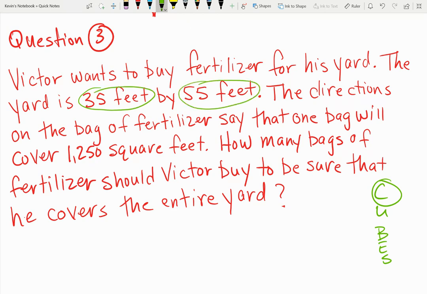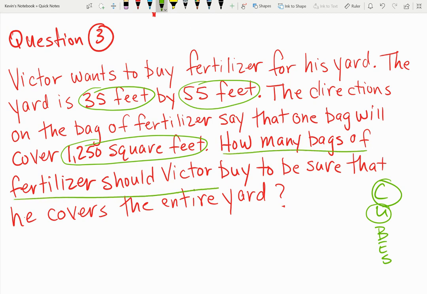We also know the directions are telling him one bag will cover 1,250 square feet. Let's go ahead and underline the question. How many bags of fertilizer should Victor buy to be sure he covers the entire yard? So we know there is one question to answer. We're only going to answer one question in this problem.